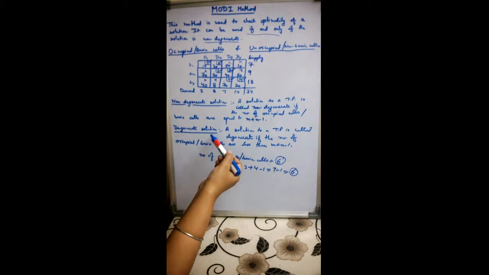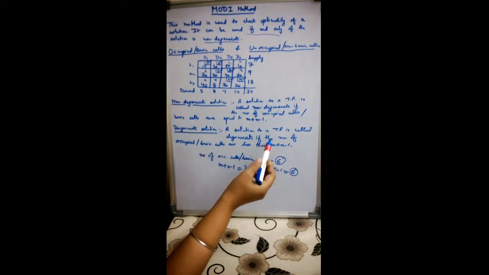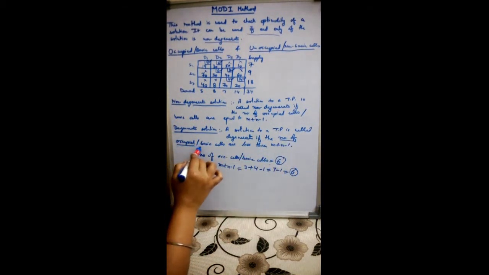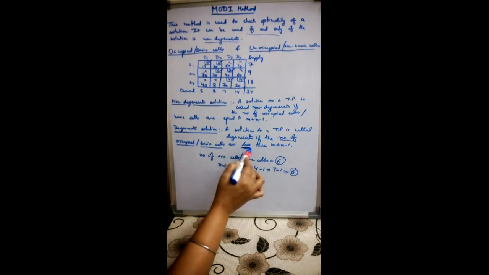And what is a degenerate solution? When the number of occupied or basic cells is less than m plus n minus 1, that particular solution is called a degenerate solution.